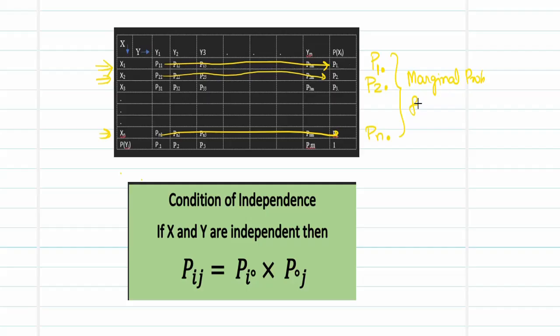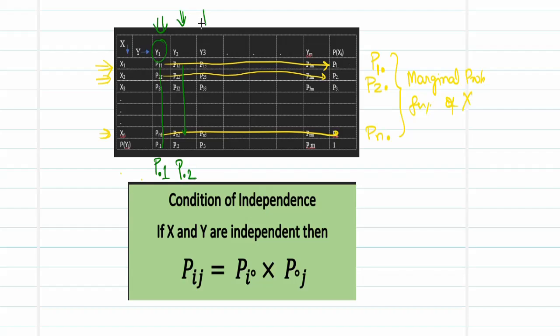probability function of x. Now consider the other way around. What is kept fixed? Y is going to be fixed, and x is going to vary. So when y is fixed and x is varying, you consider this as p dot 1. Again y is fixed and x is varying, so this is p dot 2.